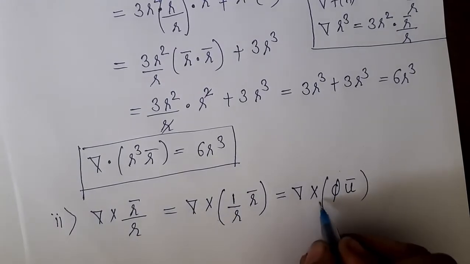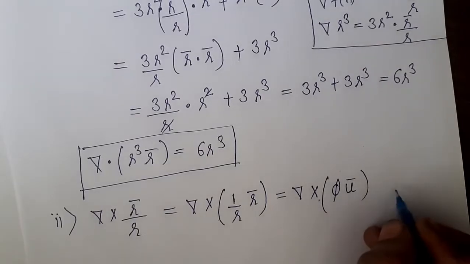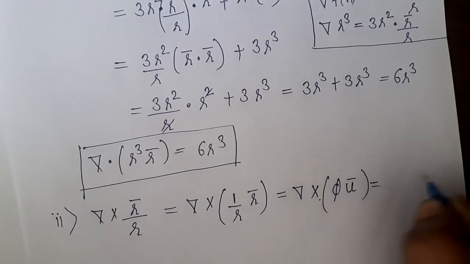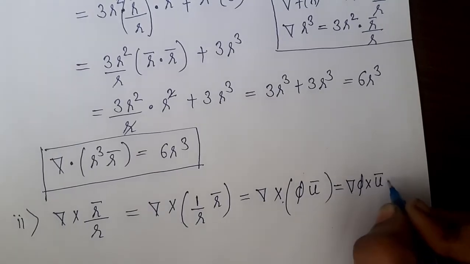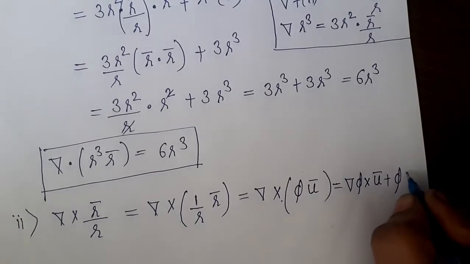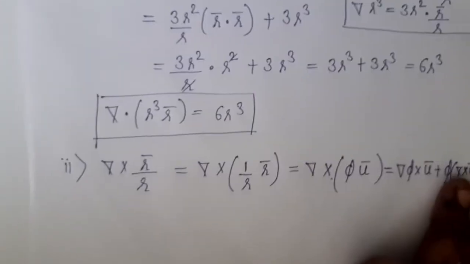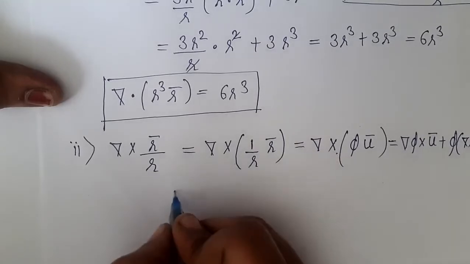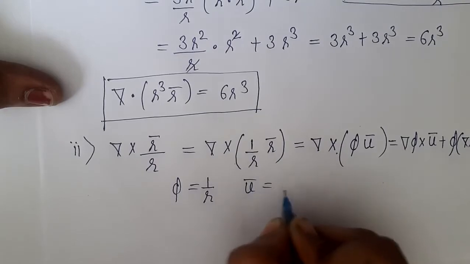Now here we have a cross product; in the previous example we had a dot product. So del cross phi into u. What is the result? It is equal to del phi cross product with u plus phi multiplied by del cross u. Phi is equal to 1 upon r and u is equal to vector r.